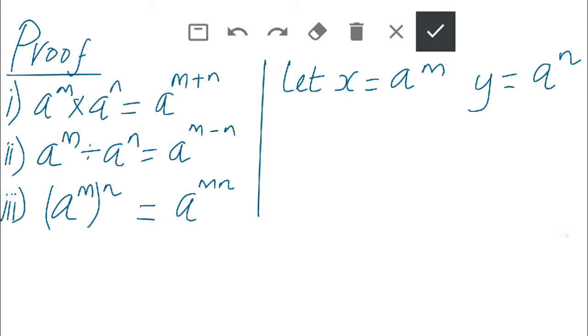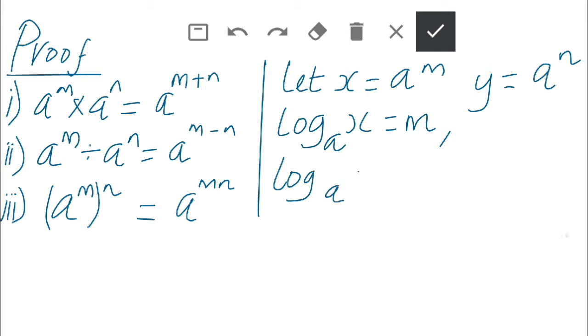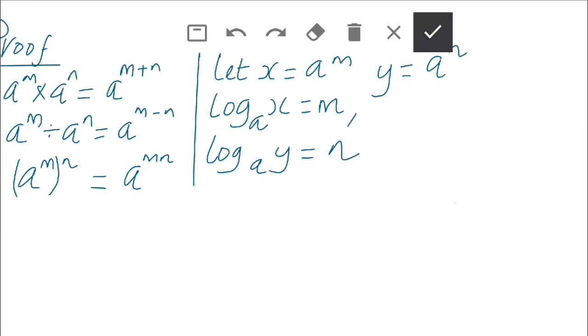All right, now let's express these two in logarithmic notation. So for the first one, we shall have log to base a of x equals m, and for the second one we shall have log to base a of y equals n.